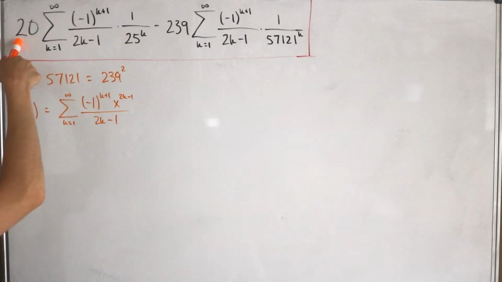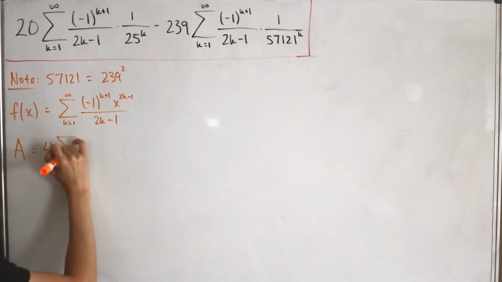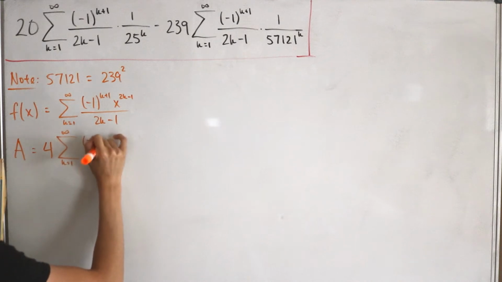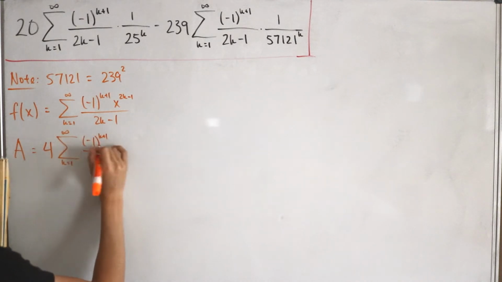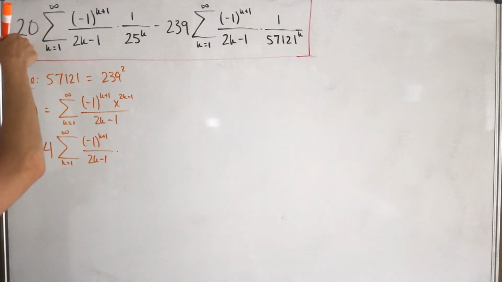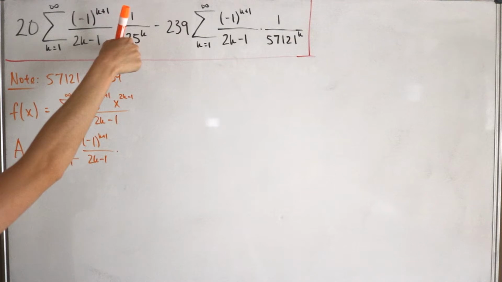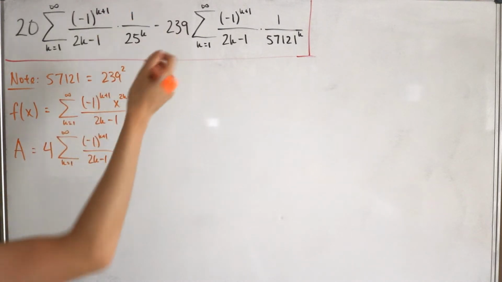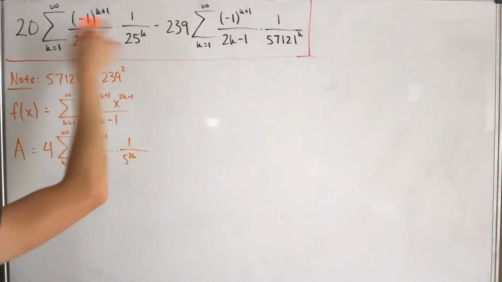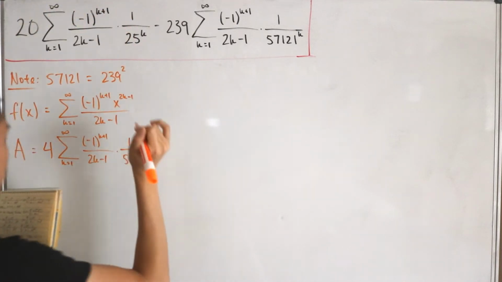That means this is going to be 4, and of course we still have the infinite sum, k equals 1, of (-1)^(k+1) divided by 2k-1. The 5 has to go back into the term with the same base, since 25 to the k is the same as 5 to the power 2k, and we associate that with the division by 5 by putting it with the exponent of 2k-1.